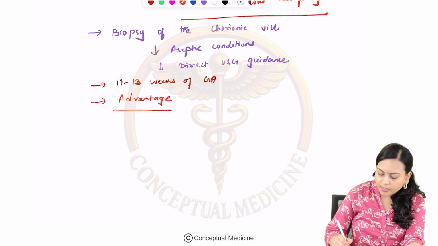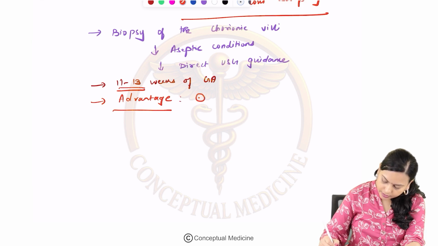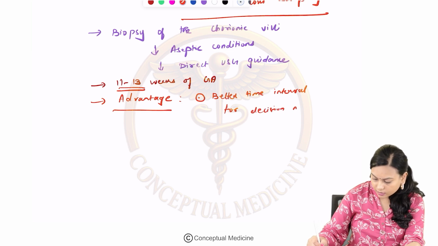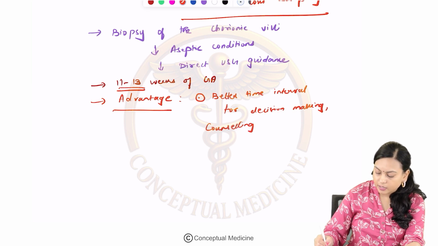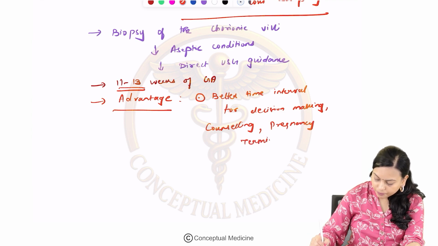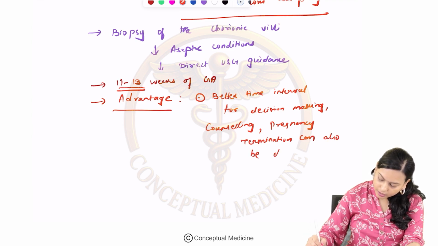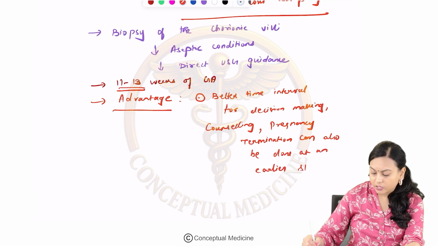See, this is done at an earlier gestational age than amniocentesis. So, it will give a better time interval for decision making, counseling, and pregnancy termination can also be done at an earlier stage itself.